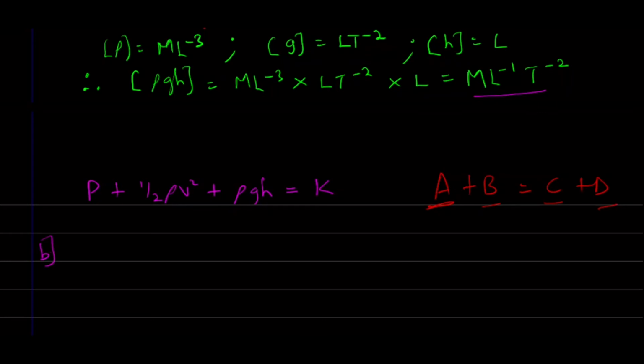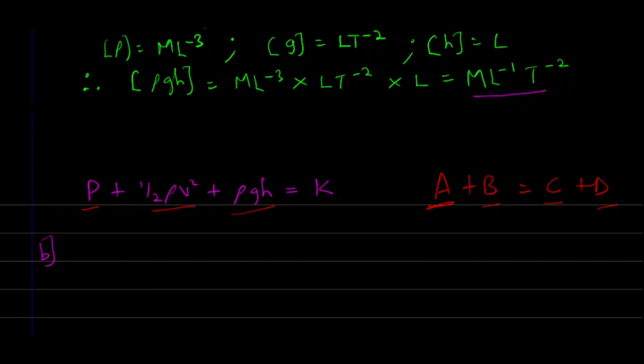And we already confirmed that pressure has the same unit as density V squared, which has the same unit as density g h. Therefore, we can say that the unit and dimension of P is the same as K. The unit and dimension of density V squared is the same as K, and the unit and dimension of density g h is the same as K.